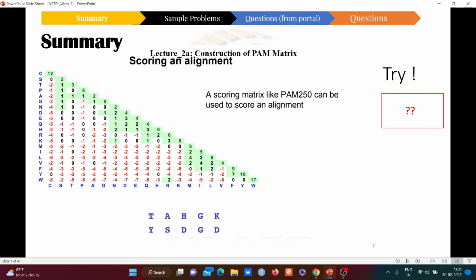So using the values given in the matrix, can you score this alignment? I'll wait for a minute.